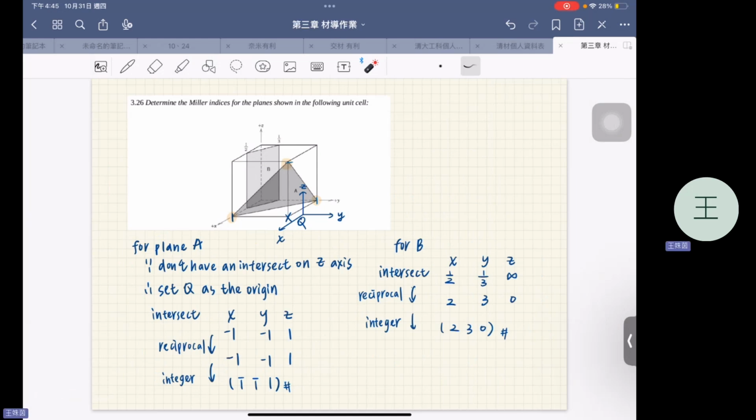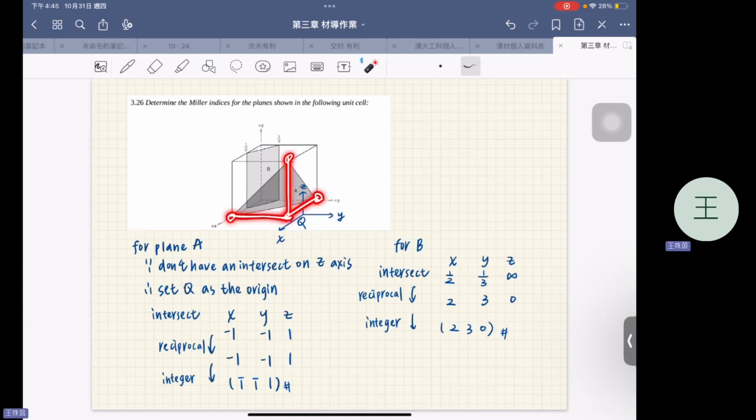And then for 3.26, we do it in the opposite way. We want to know what's the middle index of the plane that is given. Okay, so for plane A, it's a bit difficult because there's no intercept for the x-axis. So we need to find a new origin, which we find here because we can know that there are 3 intercepts in 3 directions.